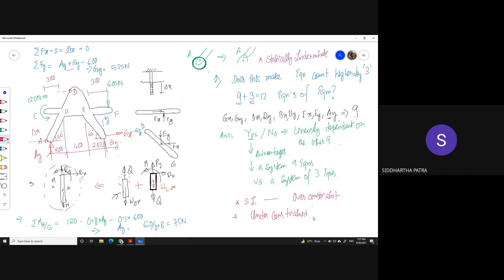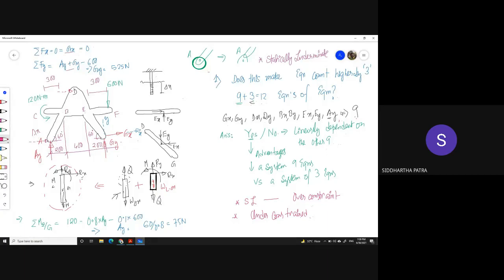Under constraint is a different situation, where there would be a lesser number of unknowns and more equations.